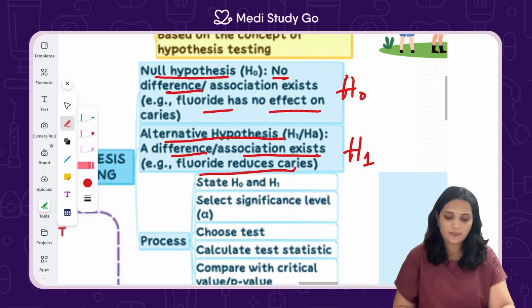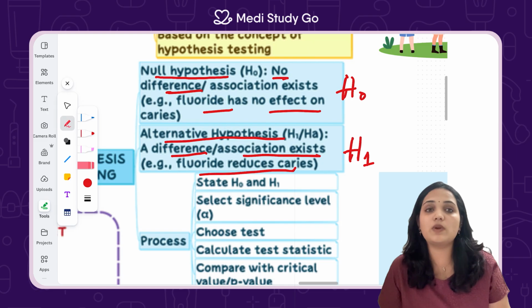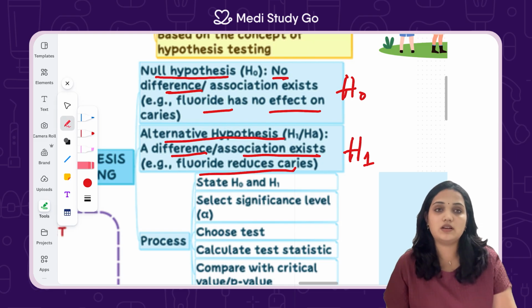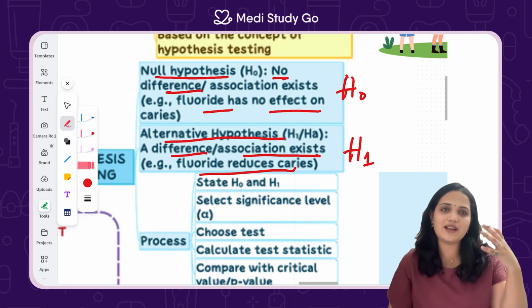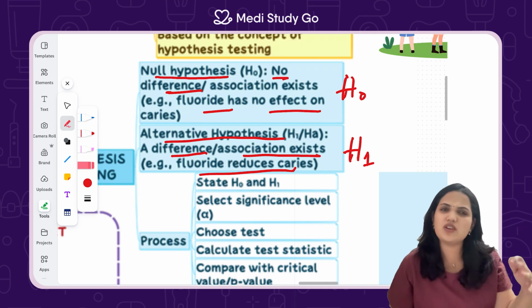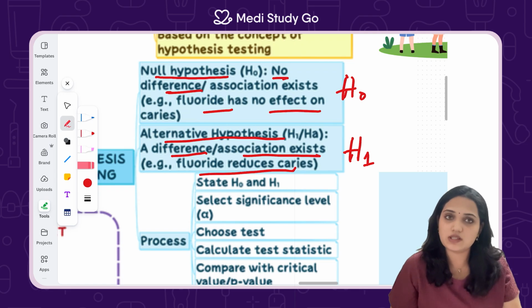Okay? Now, the key idea that you should remember is that we always start a study assuming that there is no difference, and then we try to prove it wrong. All right? You either get the result that your assumption was correct or that your assumption was wrong. That's usually in any study when you compare two things.